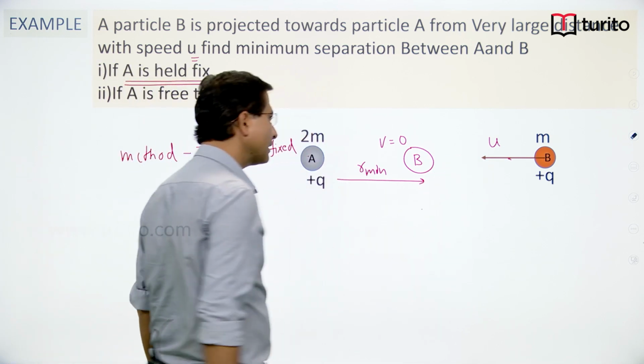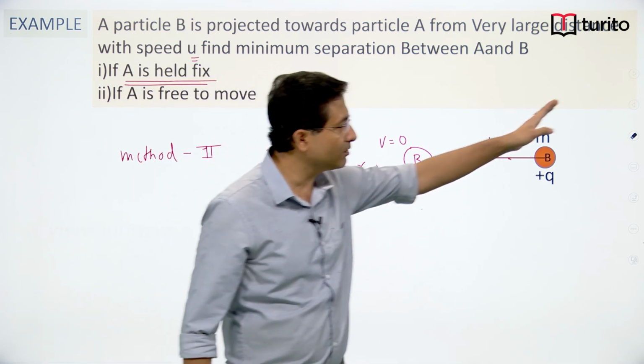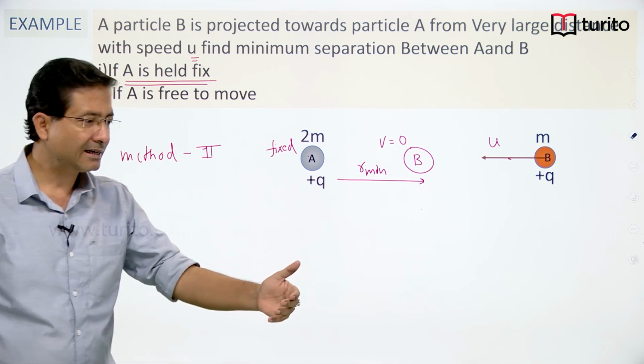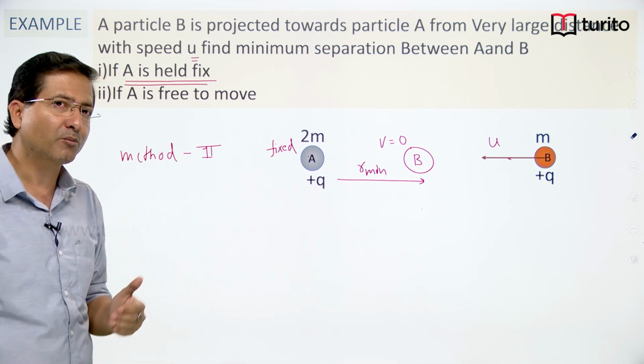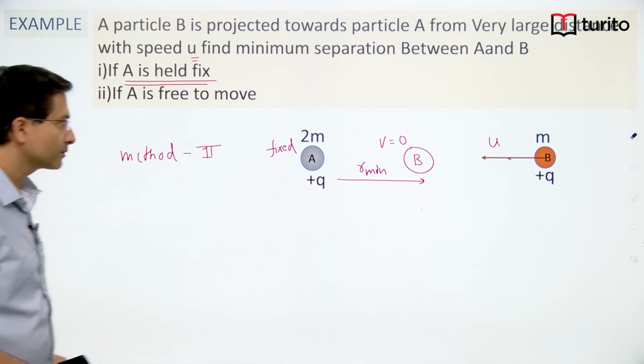So in case of energy, instead of talking about some intermediate position, I can directly jump from infinity to this point while writing energy. So I can avail the facility of skipping all the points when I am going by the energy method. So method 2, let us see.